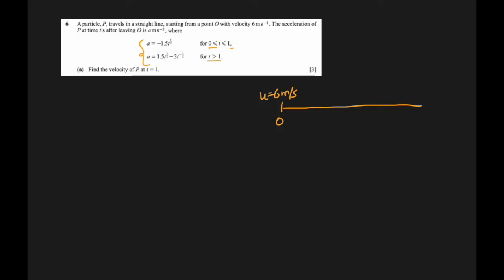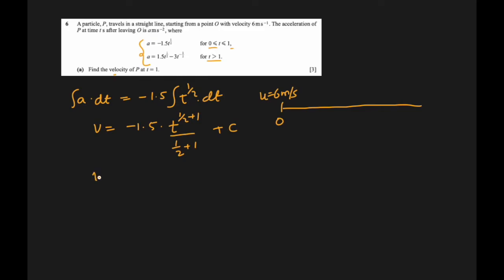They're asking for velocity, not acceleration, so we'll have to integrate acceleration with respect to time, which becomes minus 1.5 outside and t to the power half dt. So v equal to minus 1.5 t to the power half plus 1 divided by half plus 1, plus c.